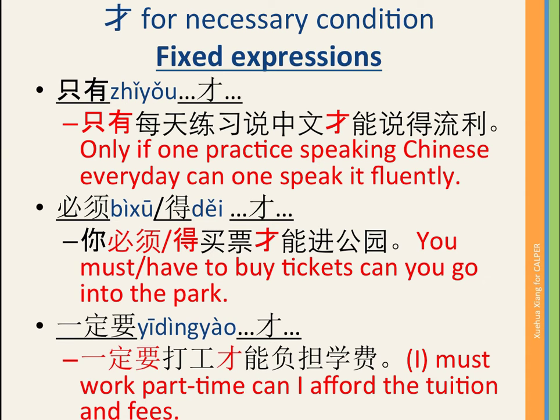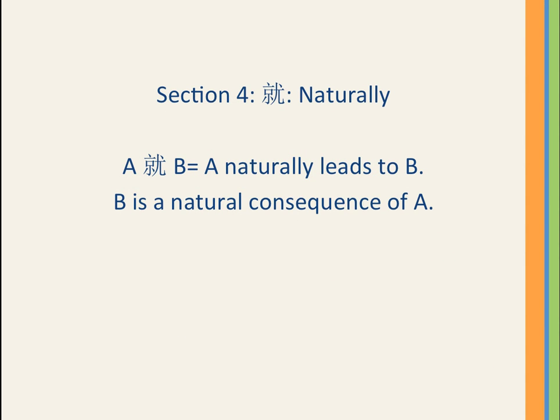So if we switch 才 to 就, 只要打工就能付学费。It makes working part-time as such a piece of cake, easy thing. 只要打工就能负担学费，versus 一定要打工 I have to work part-time. This is the only condition that would enable me to pay the tuition. 一定要打工才能负担学费. So let's take a break now, and next we'll look at the 就 as flying solo.